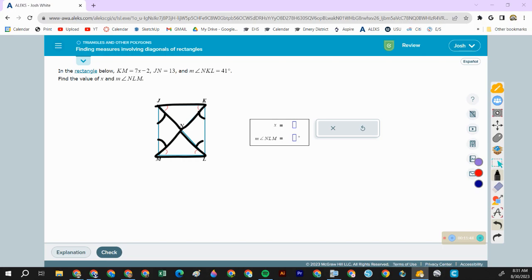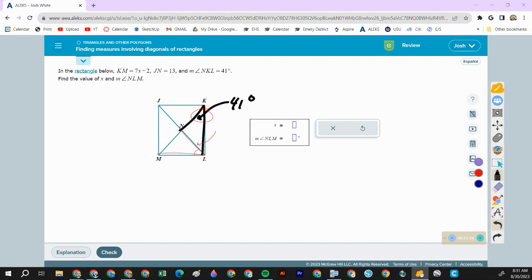So NKL, that one, is 41 degrees. How big is NLM? How big is this angle here? Well, if this is 41, how big is that one?